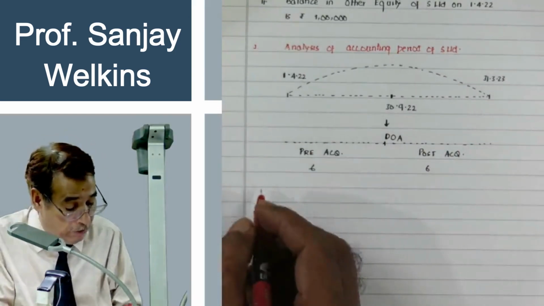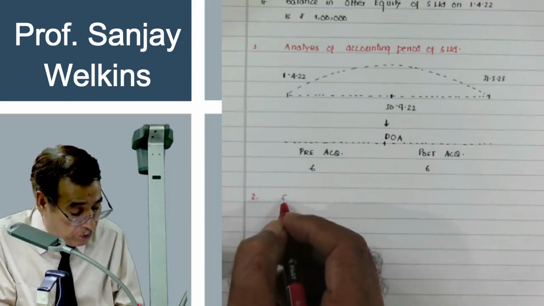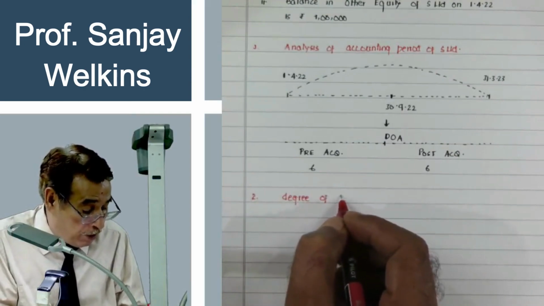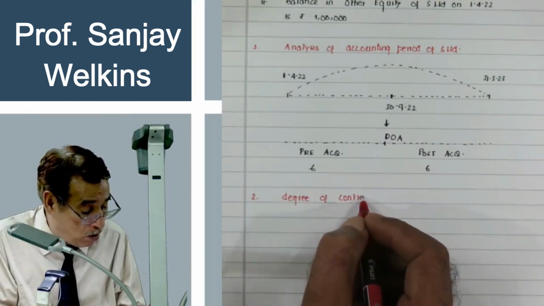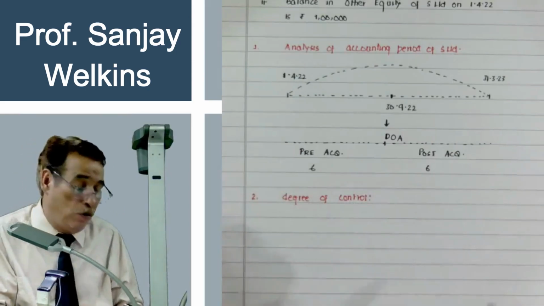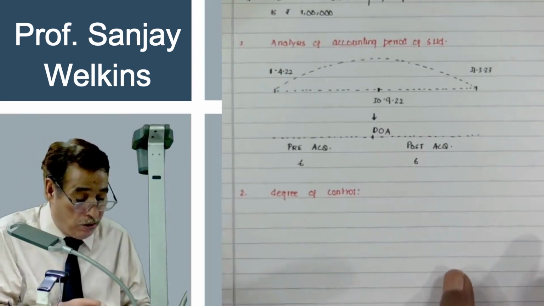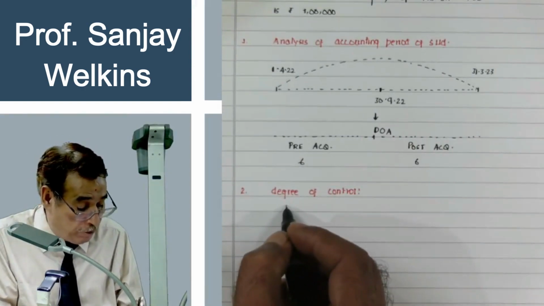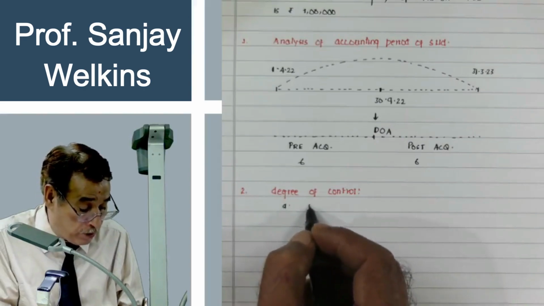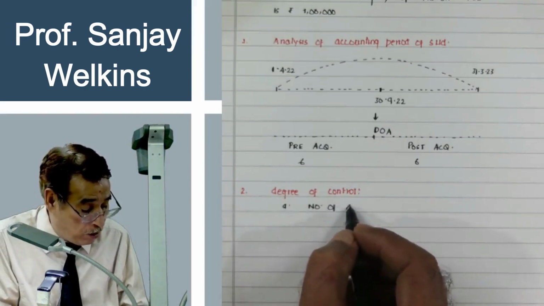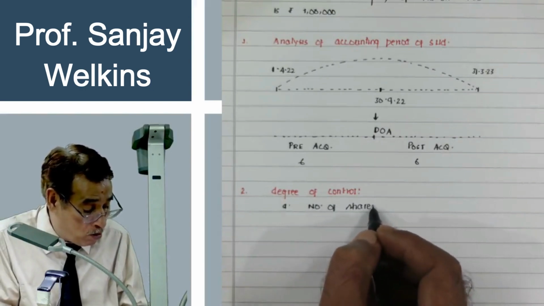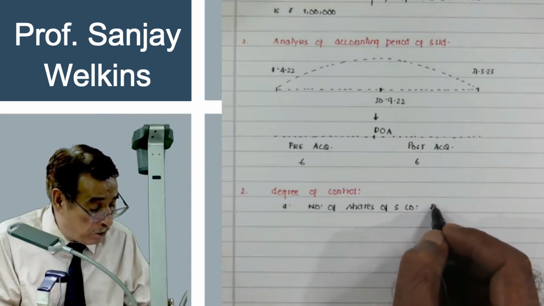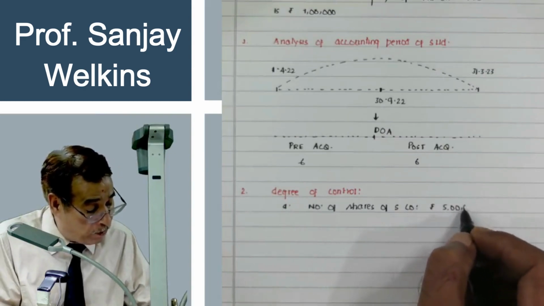Now we move over to the second step. Under the second step, I am going to compute the degree of control. In order to compute the degree of control, we will have to note down the number of shares of the subsidiary company. Total share capital of the subsidiary company given to us is 5 lakh.